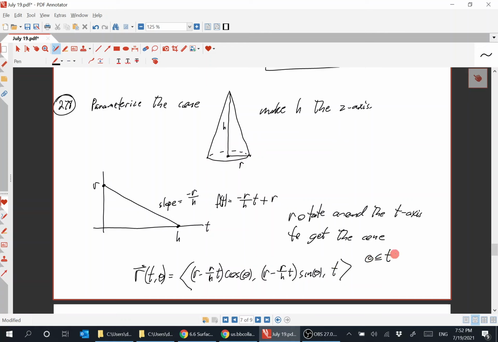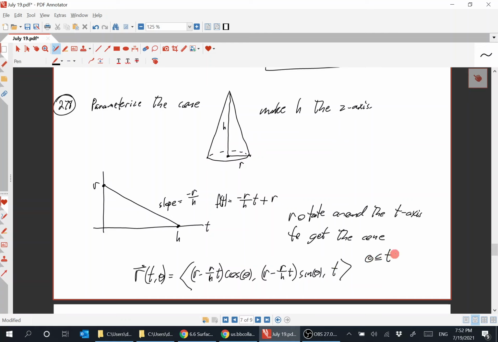So for the following exercises, let S be the upper hemisphere of the sphere of radius 2, and evaluate each surface integral.